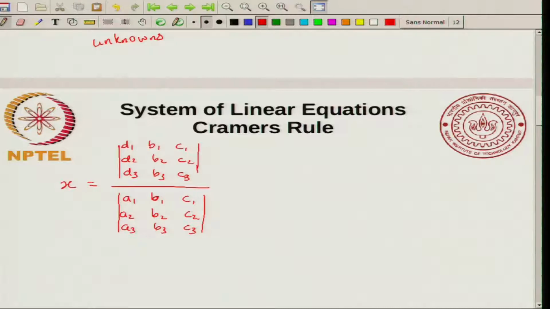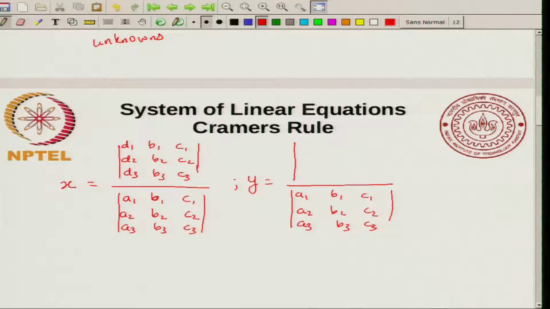Similarly, I can write y with the same denominator a1 b1 c1, a2 b2 c2, a3 b3 c3, but in the numerator you have a1 d1 c1, a2 d2 c2, a3 d3 c3.